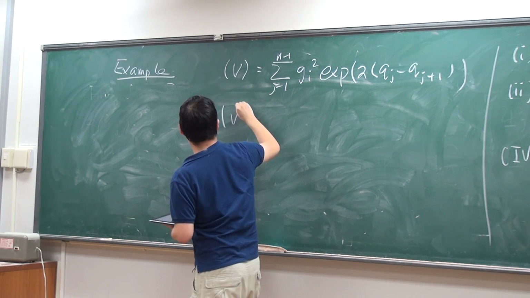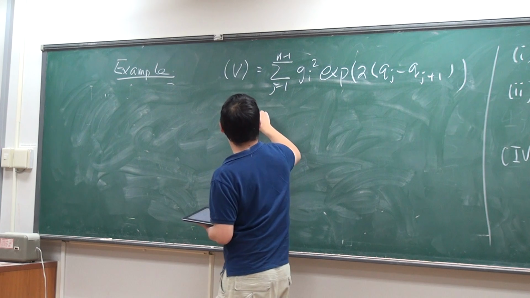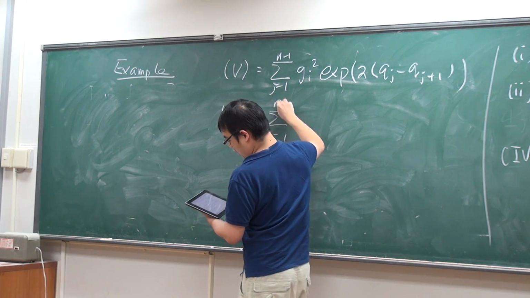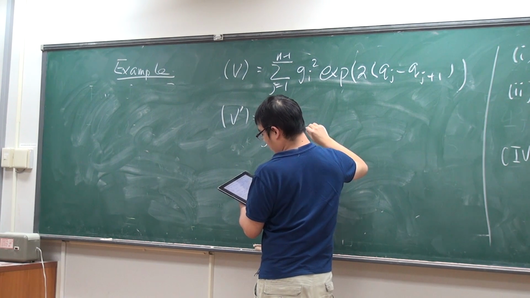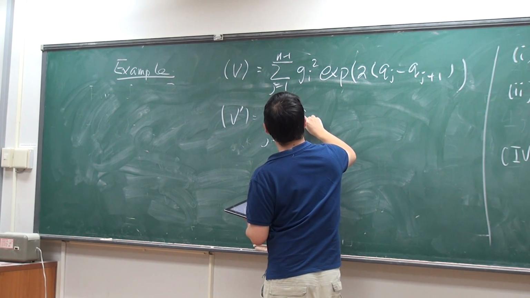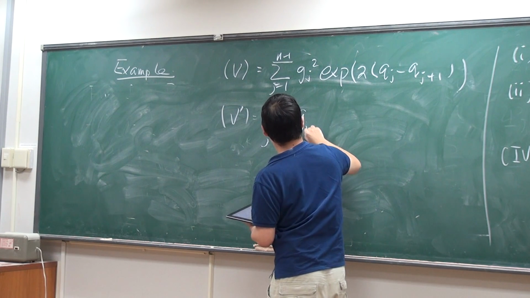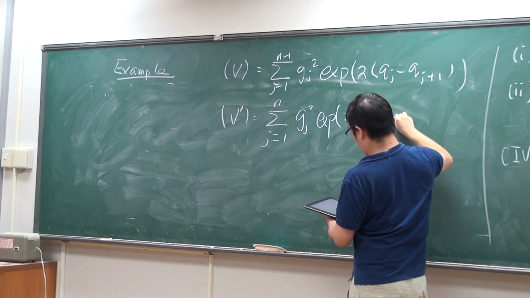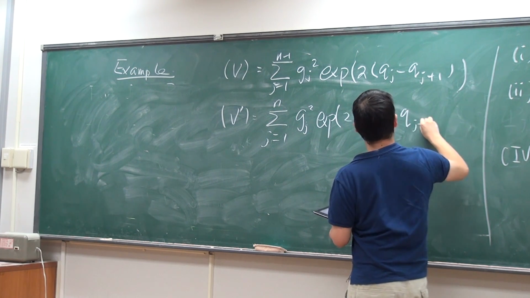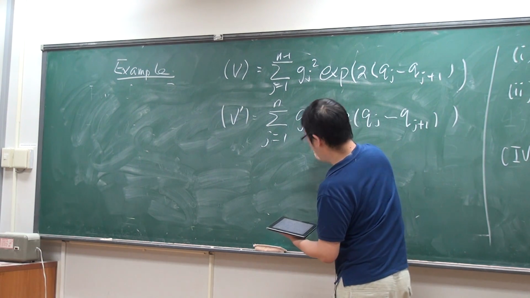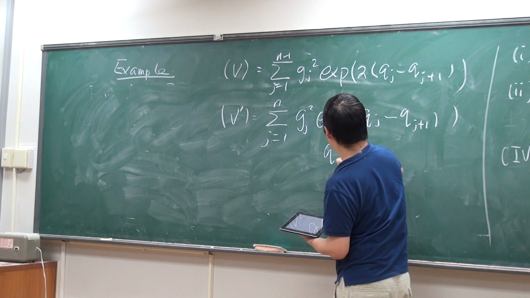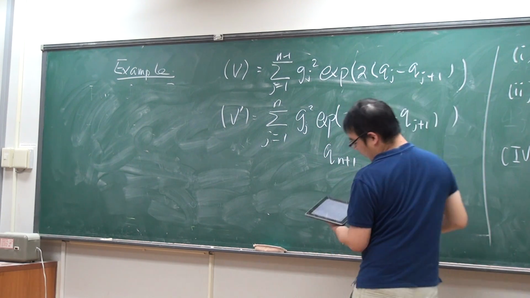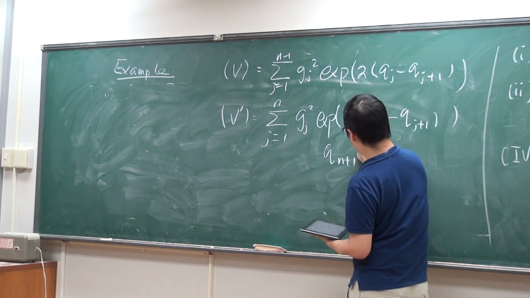And the second one, which I call phi prime, is equal to j equal to n, almost identical, but I make an additional identification of qn plus 1, so that after the last one, you come back to itself.